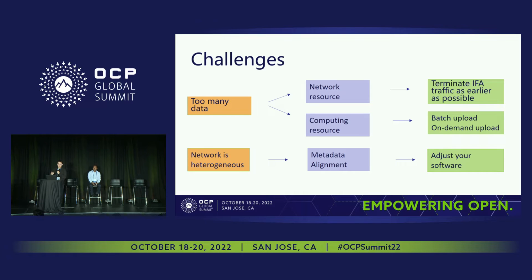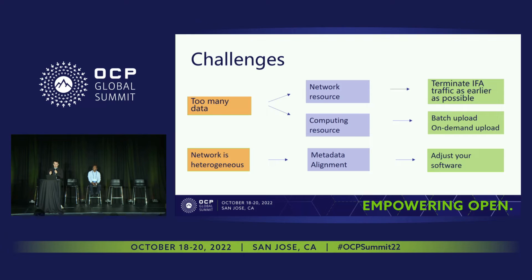It may be okay in your data center network because there is plenty of bandwidth, but you don't want your IFA traffic traveling back and forth in your backbone. So the solution is to terminate IFA traffic as early as possible. What we did is deploy a local collector in every single data center, so there is no IFA traffic in our backbone.